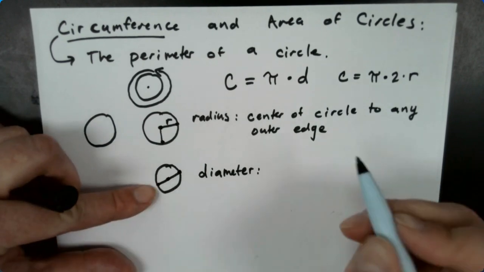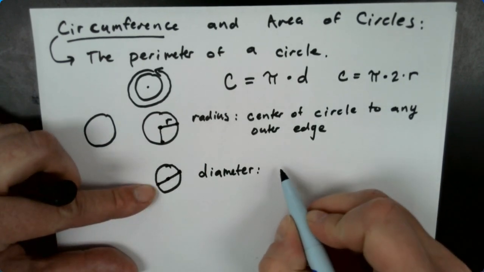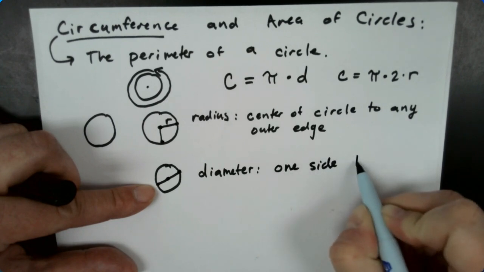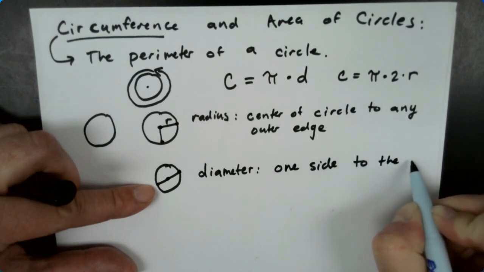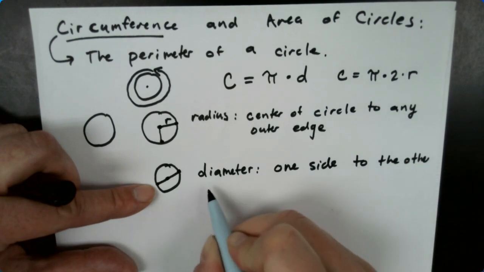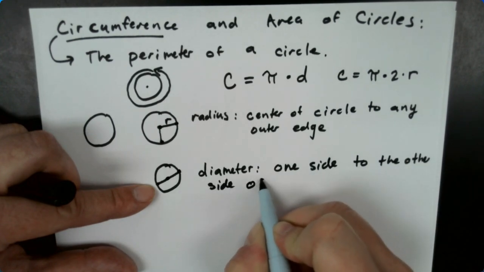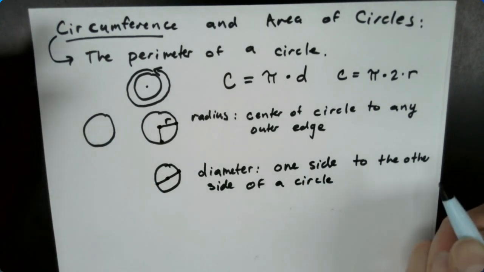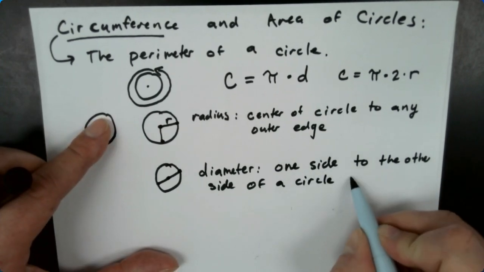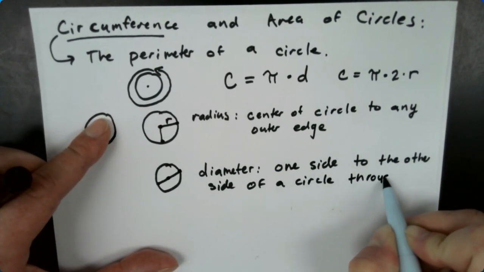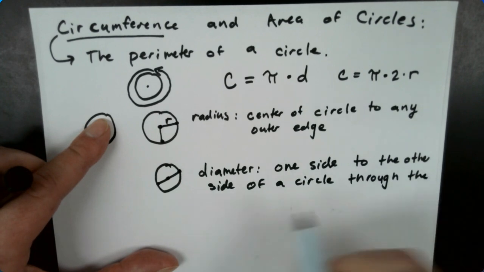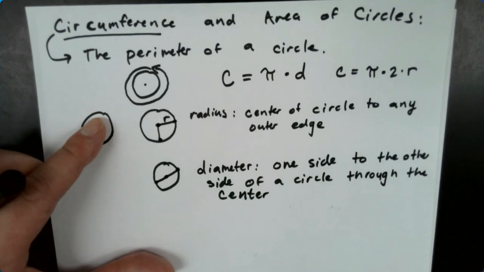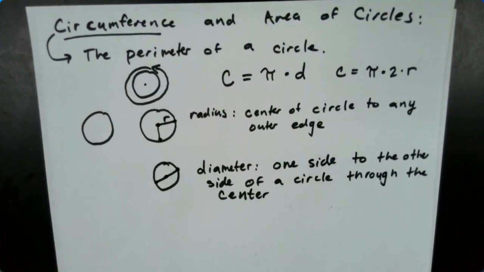So the diameter goes from one side to the other side of a circle, but it has to go through the center. So it has to go through that center of the circle.